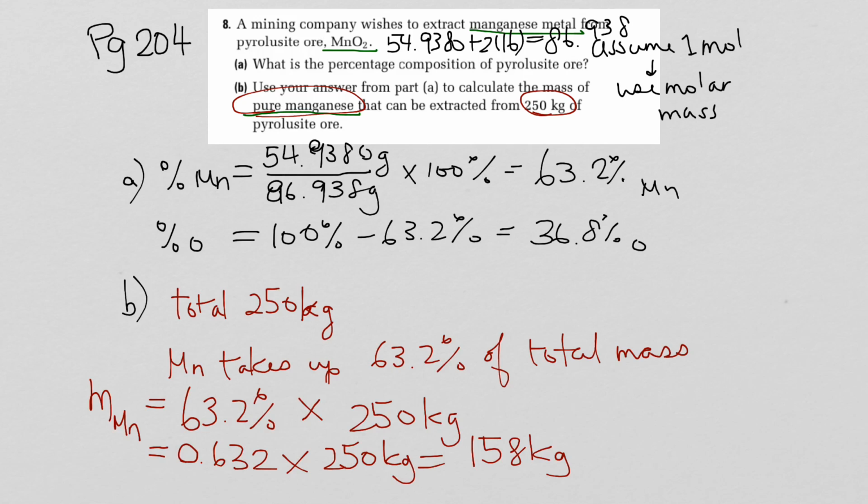So again, what this means is that 158 kilograms of the 250 kilogram sample comes from manganese only. Okay, so you can sort of figure out that oxygen would make up the rest, the 92 kilograms. If 158 comes from manganese, then oxygen would be the rest of it, which is 92.